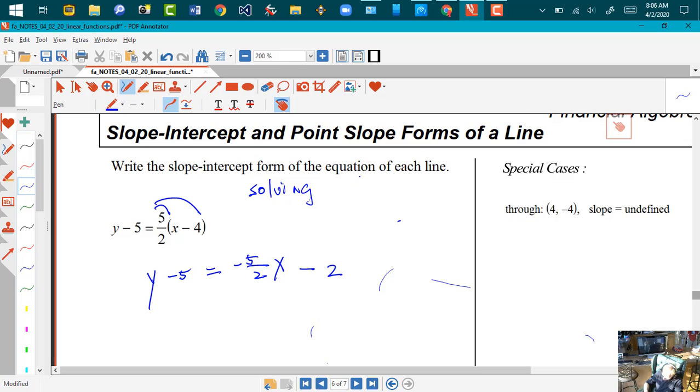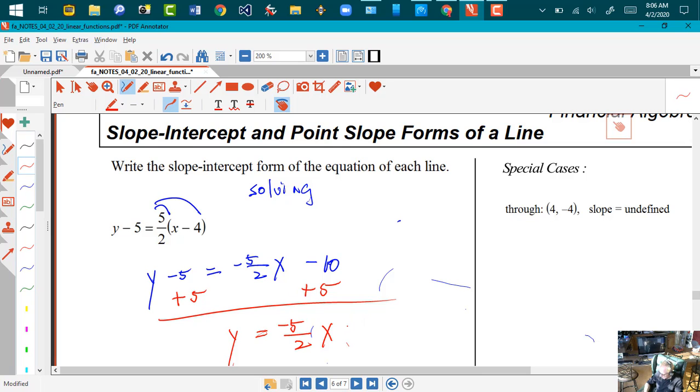I'm sorry, 5 halves times 4 is not negative 2, it is negative 10. That's more like it. Okay, and lastly, I'm going to add the 5 to both sides. And I get y equals negative 5 halves x minus 5.